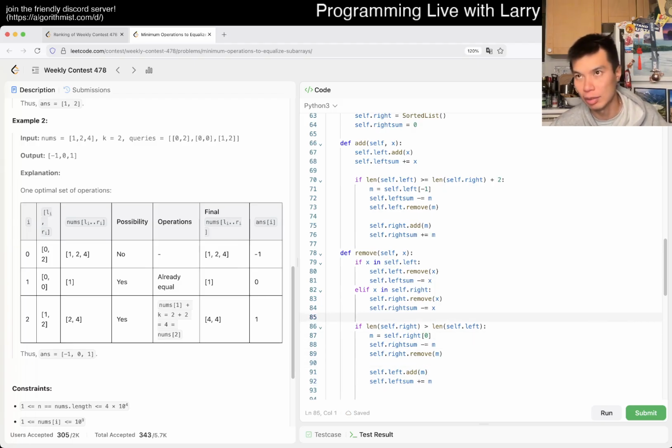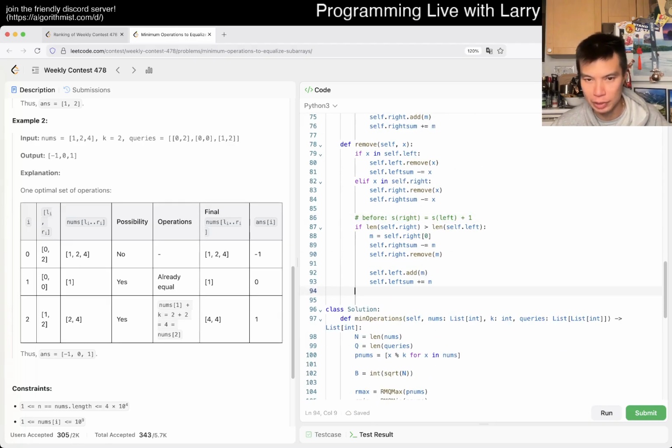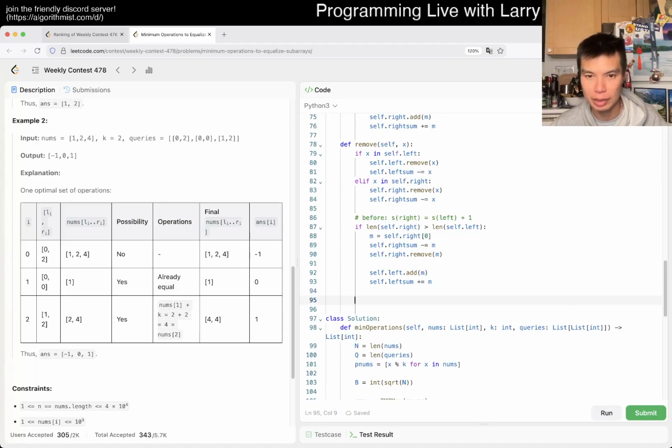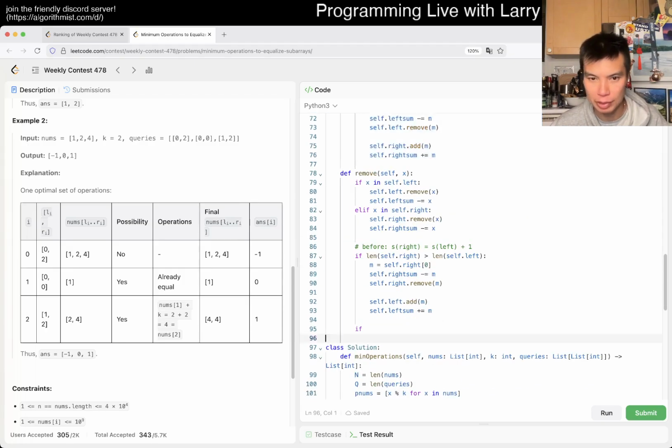Oh, actually, well, now left should be bigger than right plus 1, right? So the invariant is that right is equal to left plus 1. We could probably assert it actually. Okay, and then this part we can just copy and paste. Maybe we even use a helper, but I think this is fine for now.